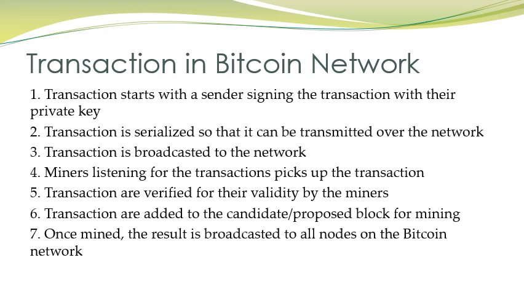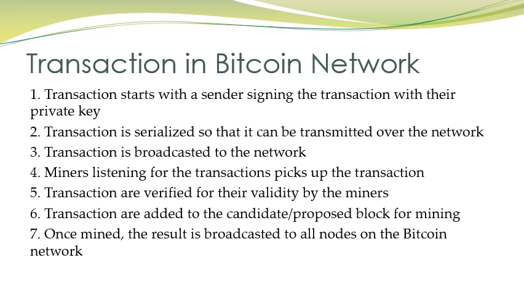After that, the transaction is broadcasted to the network, and miners are listening for the transaction. Miners will pick up the transaction, and the transactions are verified for their validity by the miners.